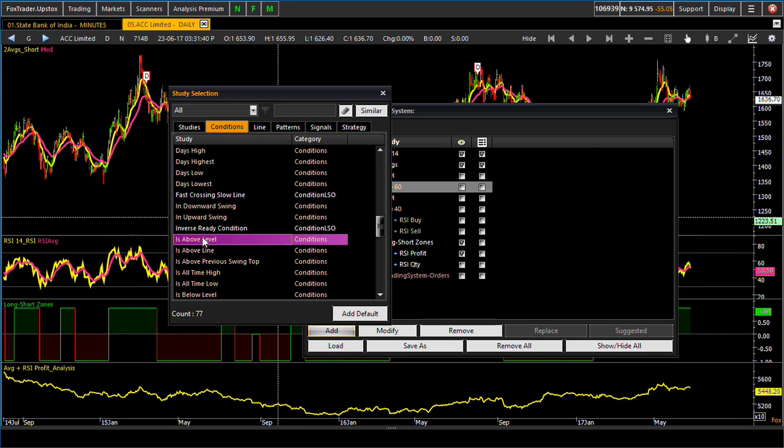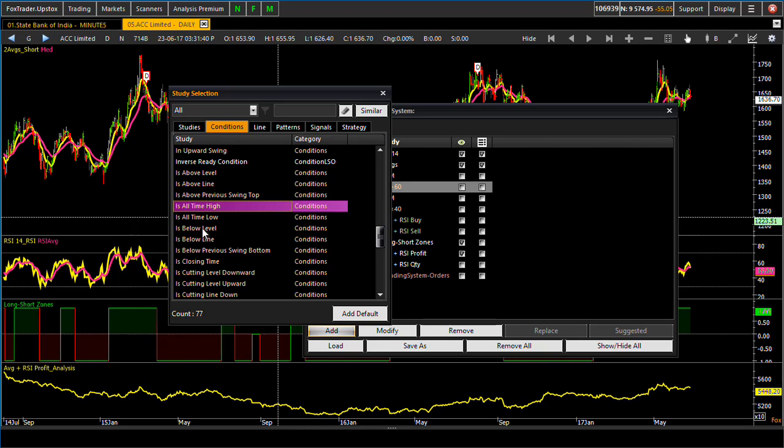So custom conditions like is above level, is above line, is trading at day's low, is trading at day's high, is all-time high, is below level, is below line. Just to explain in layman terms, this is like the functions we normally use in our day-to-day life on a calculator. A calculator has functions like plus, minus, multiplication, division, ratios, percentage.